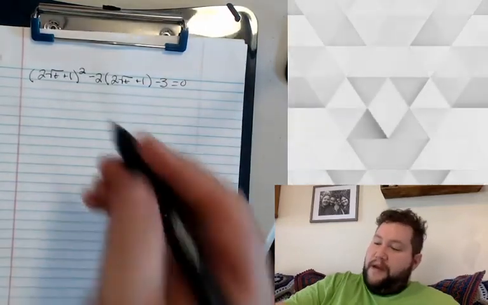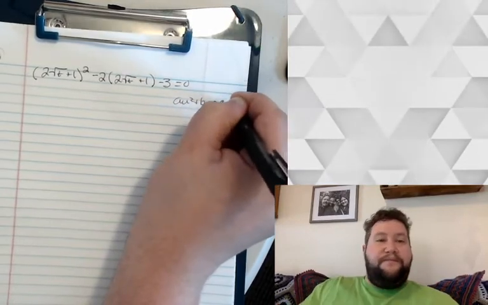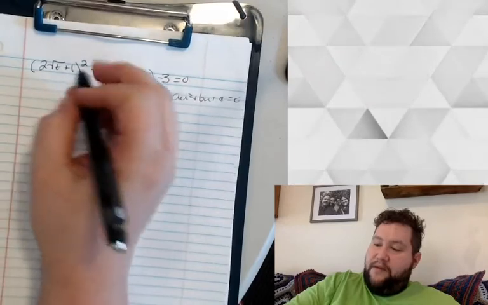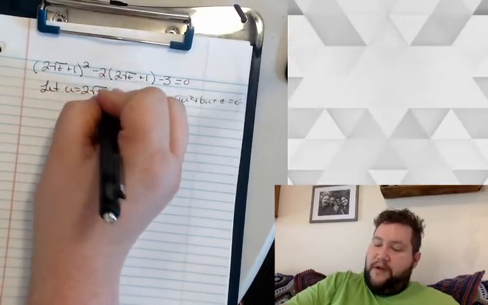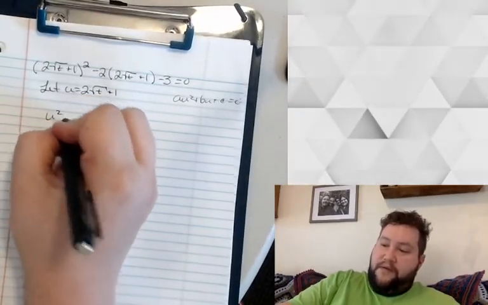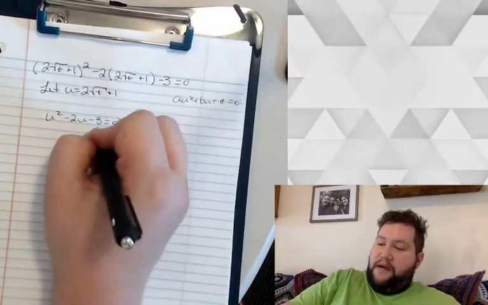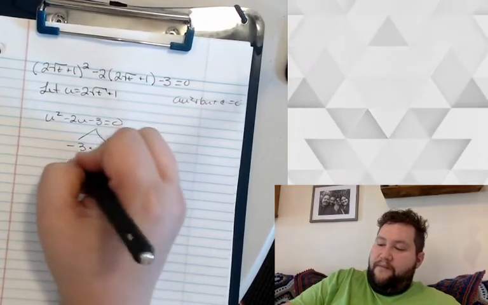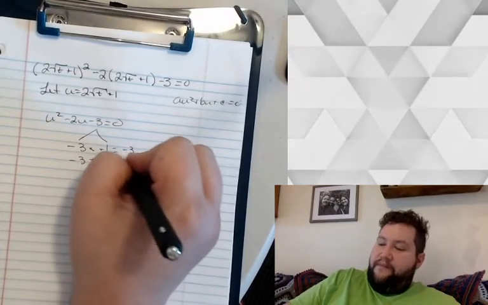Well, we know we want au squared plus bu plus c equal to 0. And so we have let u equals 2 root t plus 1. U squared minus 2u minus 3 equals 0. We need our negative 3 times a positive 1. We get negative 3, positive 1.